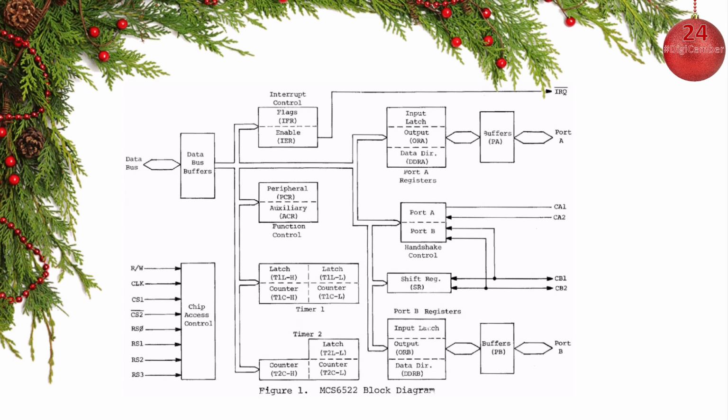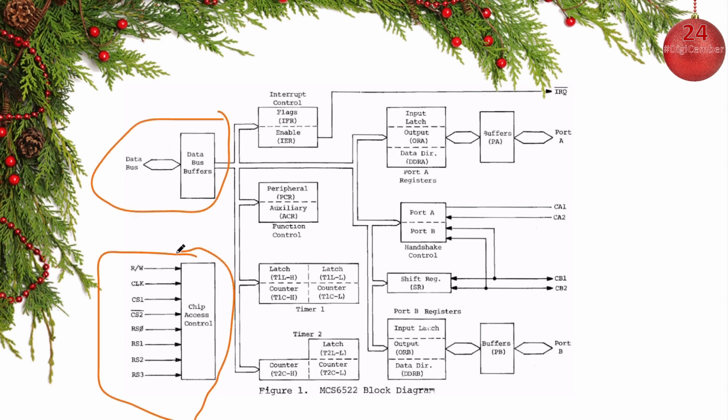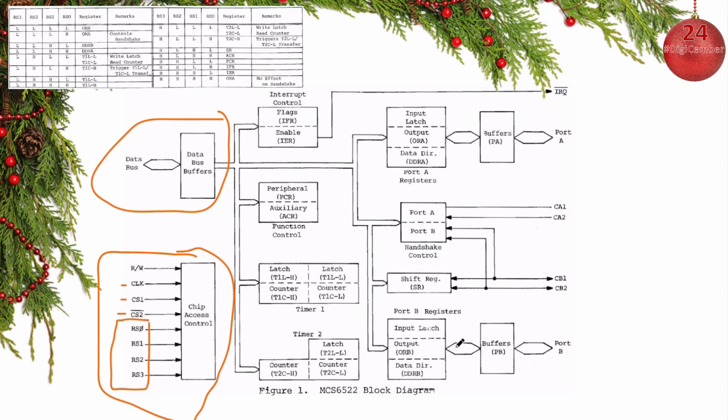This is a block diagram of the 6522 from the original datasheet, and as you can see, it connects to the data bus, and it has the control registers that connect directly to the chip. You have the clock, the chip select and inverse chip select, and some other control signals, and you have the outputs over here.